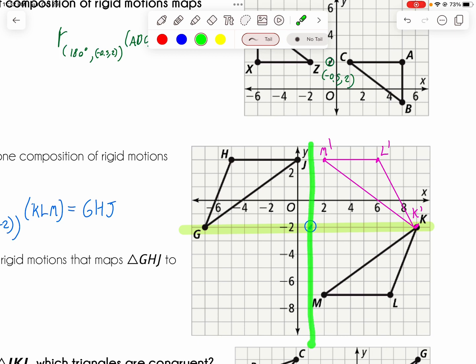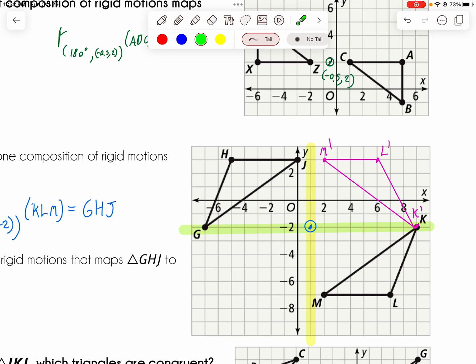If I reflect it across this line, let me change highlighters here. Reflect it across this line next, then it'll land perfectly. And we can see that because M is 1 unit away, J is 1 unit away. L is 5 units away, H is 5 units away on the other side.